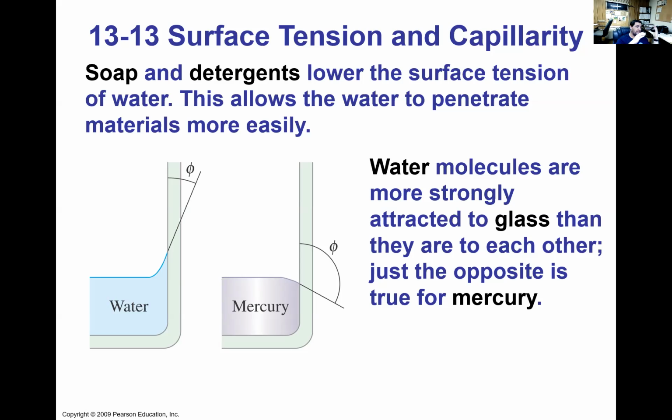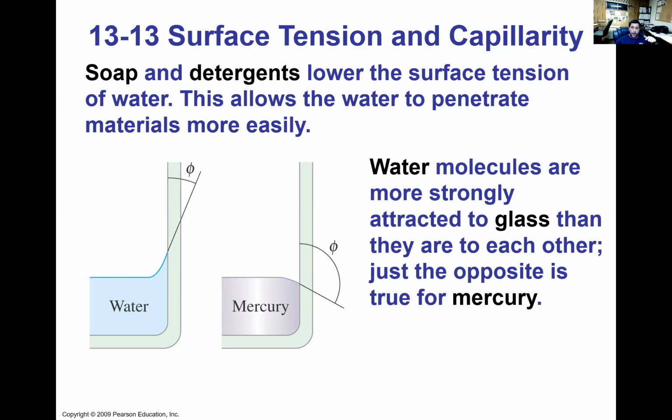Soaps and detergents have lower surface tensions, and that allows water to penetrate materials more easily. Water molecules are more strongly attracted to glass than they are to each other. So in that case, water wants to crawl up the surface of a glass container. That leads to that meniscus shape, where you read the bottom of the meniscus in chemistry classes. That has to do with surface tension and capillarity.